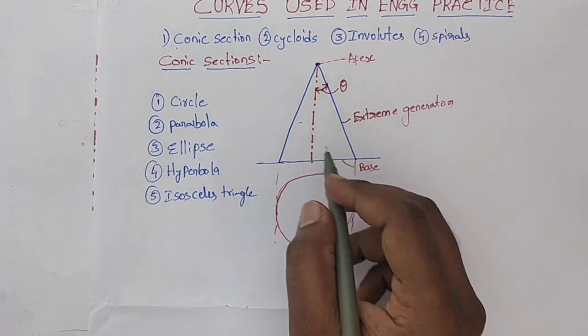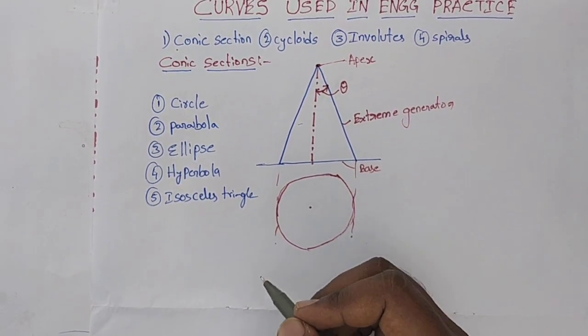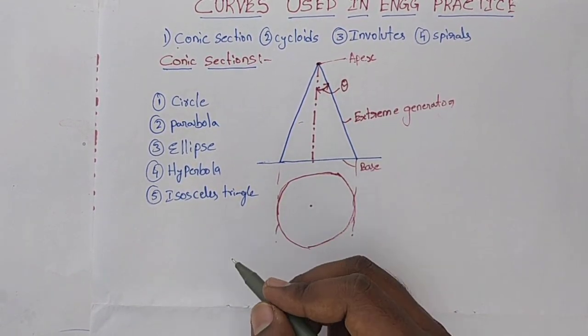These are the different curves produced by cutting conic sections.